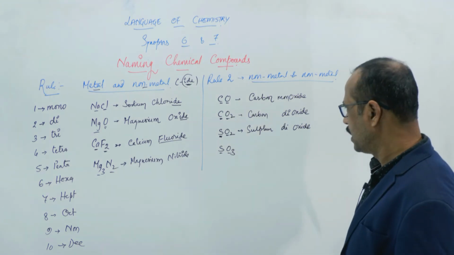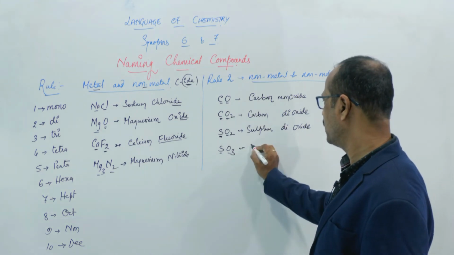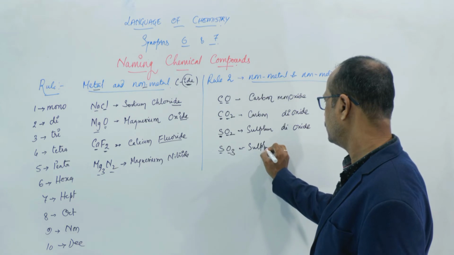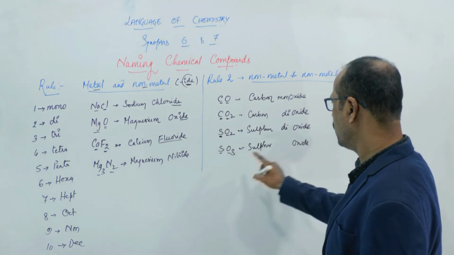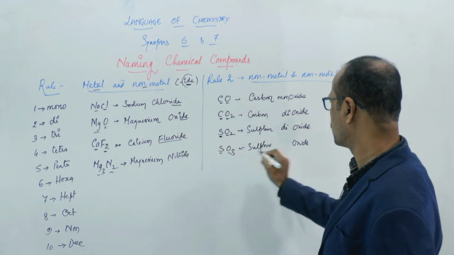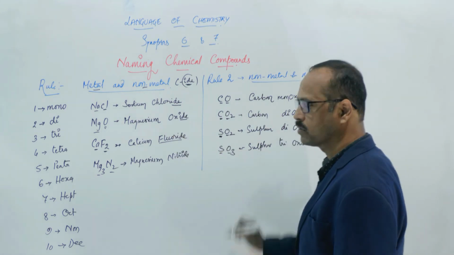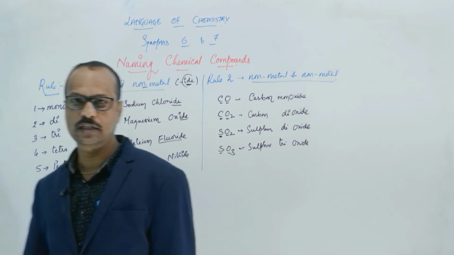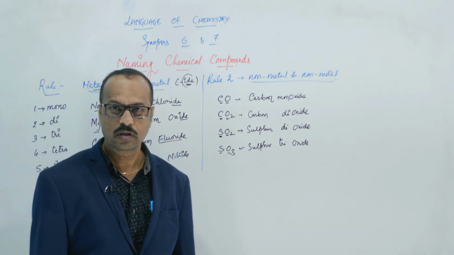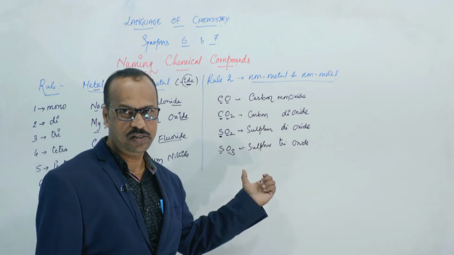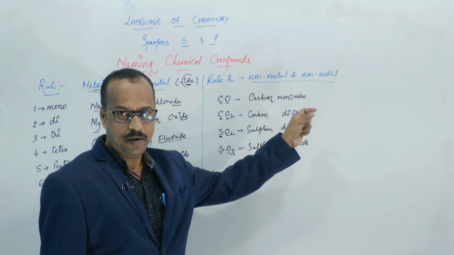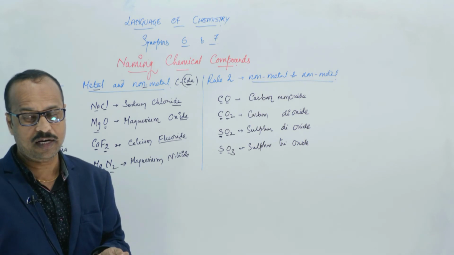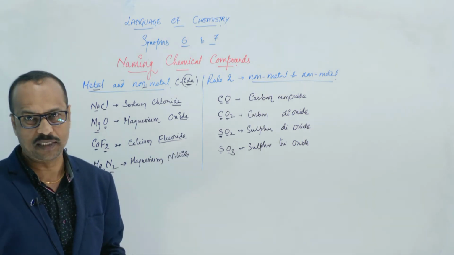Now again sulfur, and oxygen, so oxide. How many oxygens? 3. 3 stands for tri. Trioxide. Any doubt? The first element name should not change, but for the second element you write ide, and the number of atoms you have to represent.